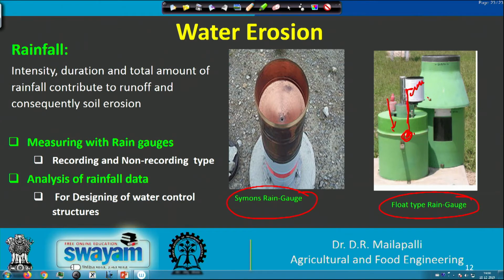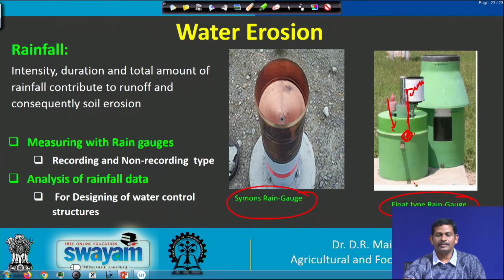At the end of the day you take the graph sheet out and see the rainfall pattern.